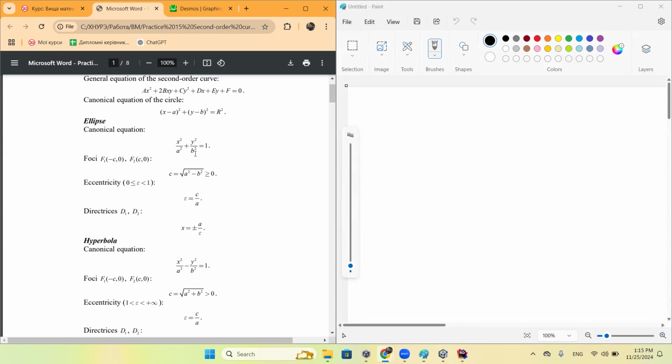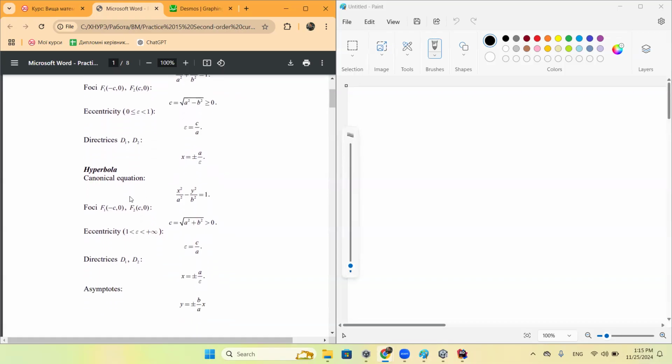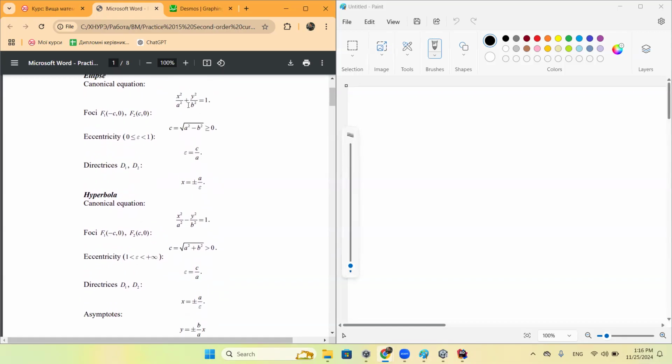If the center is somewhere else, we do the same as with the circle: in the squared terms, we subtract the coordinates of the center. What about the hyperbola? We can see that the sign here is changed from plus to minus, so be attentive with that, it's important.